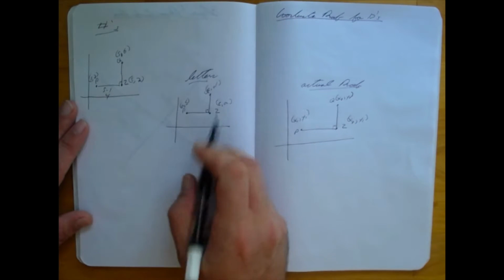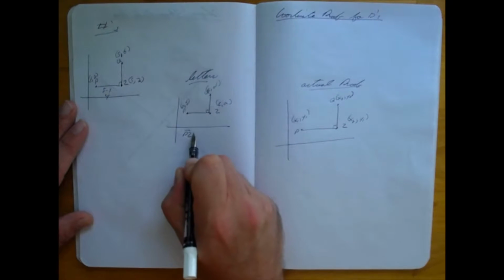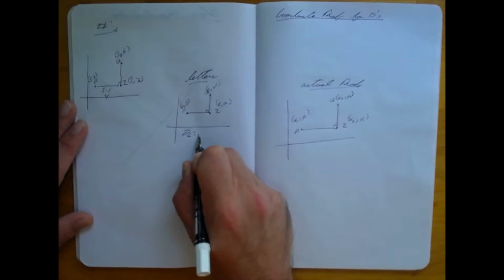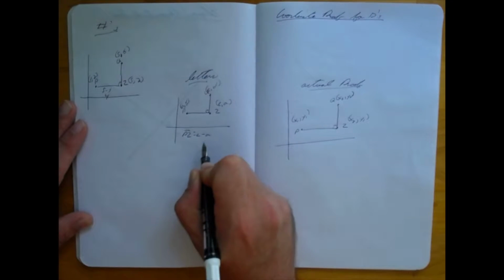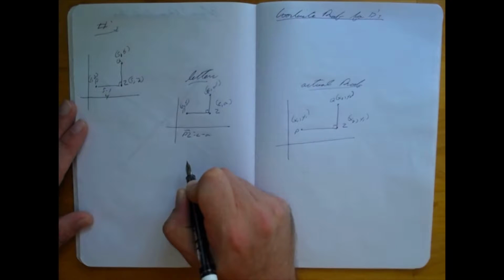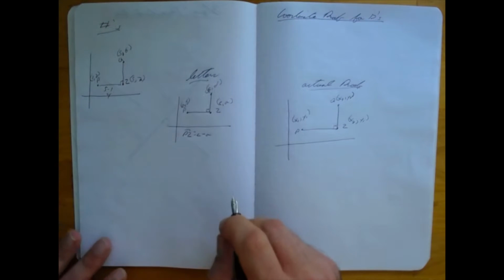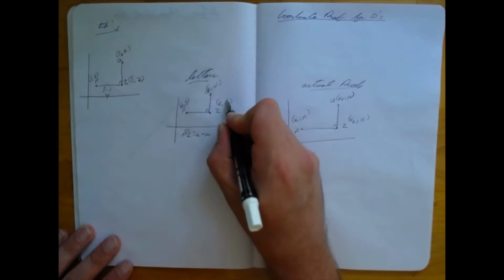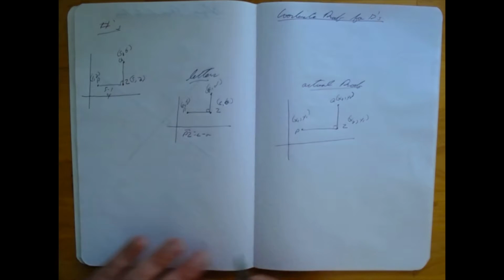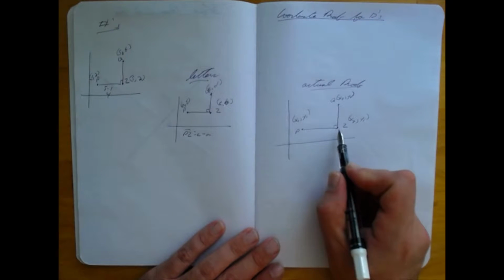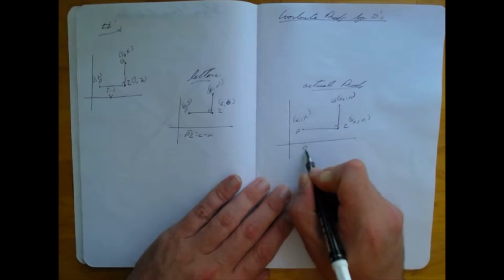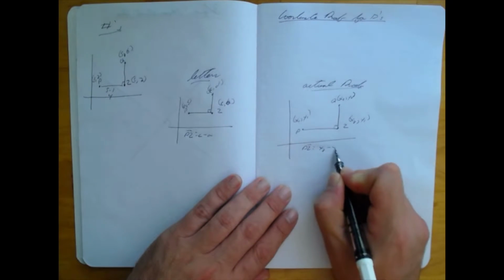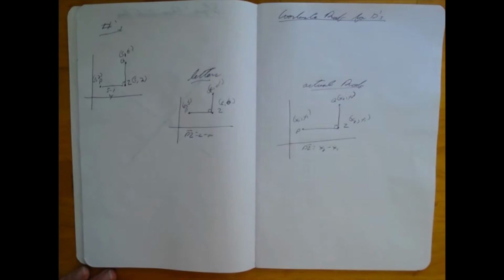But here I have only letters. So I'm going to say PZ is equal to C minus A. And I'm going to say here that PZ is equal to x sub 2 minus x sub 1.